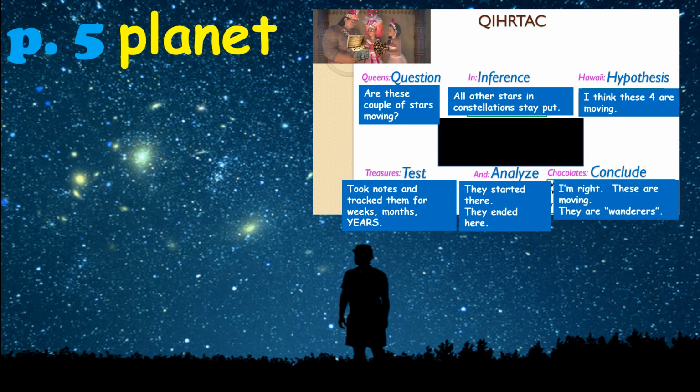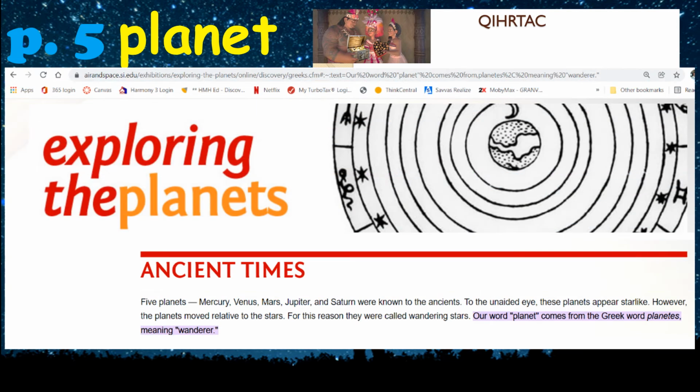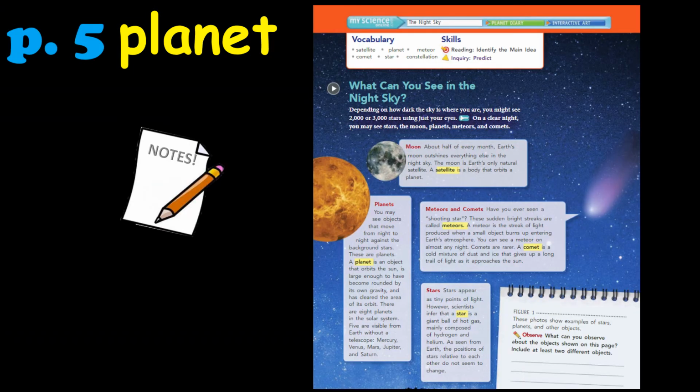So they concluded that they weren't necessarily stars, that those must be wanderers, and our word for wanderers in the American translation is the word planet. So when we talk about planets, we're talking about wanderers in the night sky. When we look at the stars, they're in a specific location. They don't change. On page 5, we have our 5 different text boxes that we can look at with all sorts of information, and I'll add a little bit of extra information for you as well.